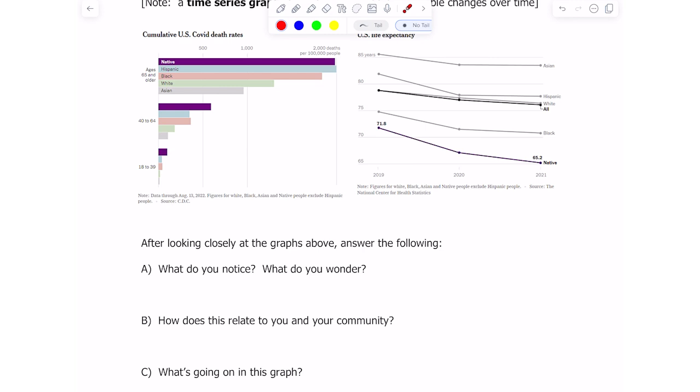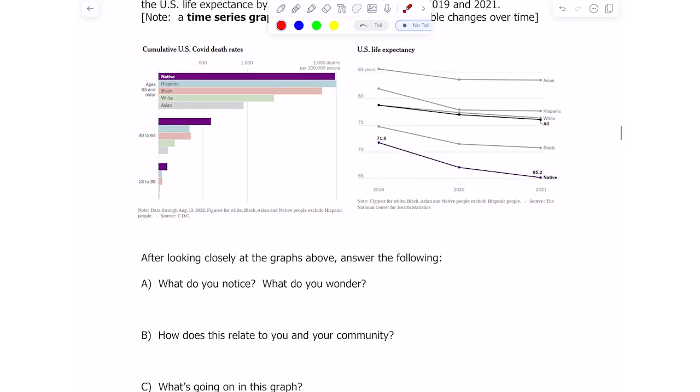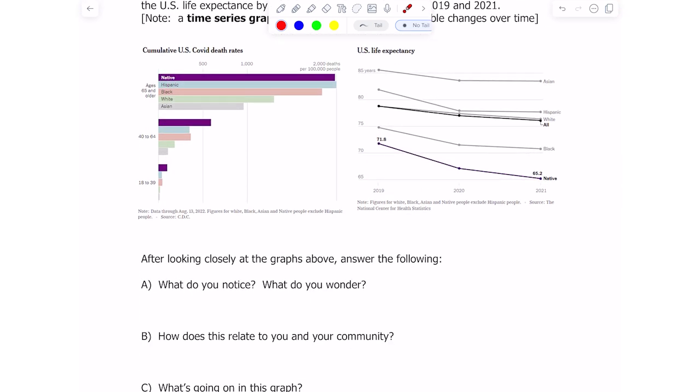So one of the things that should stand out to you here is the number of Native American people that died between the year 2019 and 2021. Even the number of Hispanic people, it was so much greater than some of the other ethnicities, right?